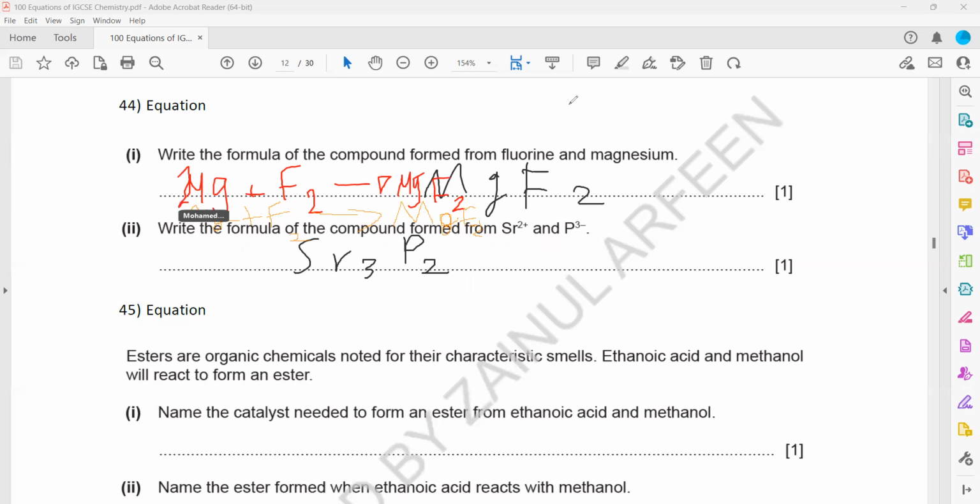So we just need the formula of a compound. Magnesium is +2, and fluorine is in group 7, so -1. So magnesium fluoride will be MgF2. And strontium phosphide: strontium is +2 and phosphorus is -3. So we cross multiply. Sr3P2 will be strontium phosphide.